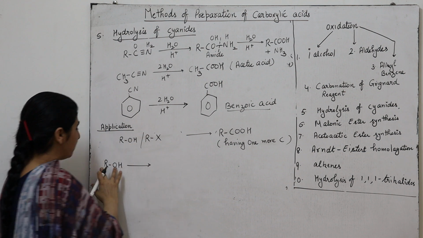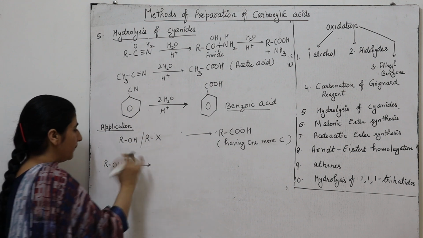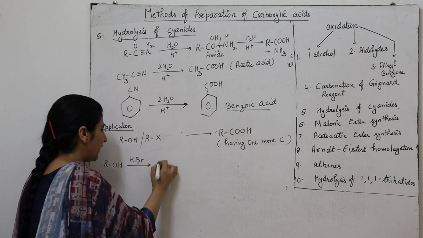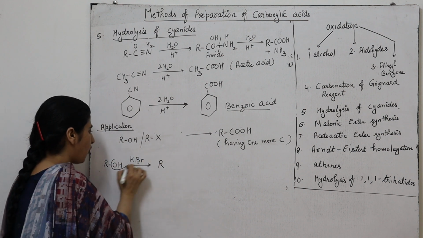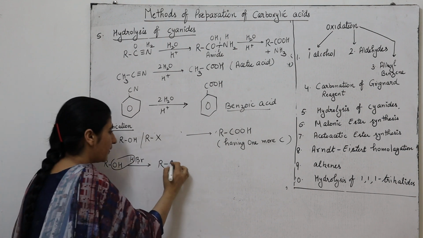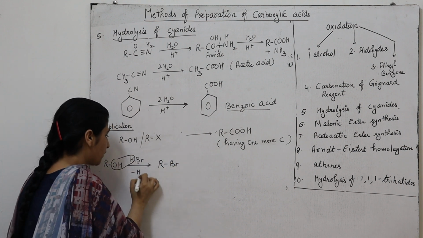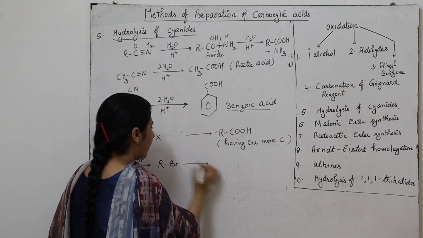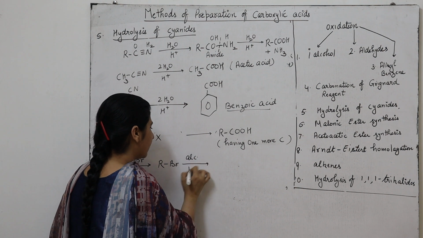How does it take place? We have an alcohol that reacts with HBr. In this case there is a loss of water and Br is attached to the alkyl group. This alkyl bromide reacts with alcoholic KCN.